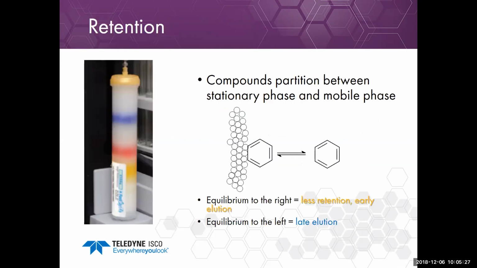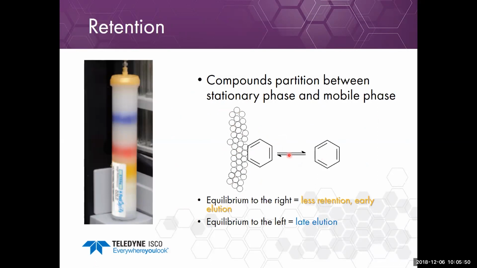For the theory of retention over here, we have a compound that is partitioned between the stationary phase and mobile phase. These little circles are intended to represent the column packing, and obviously the molecule depicted here is a lot larger than it would exist in real life.